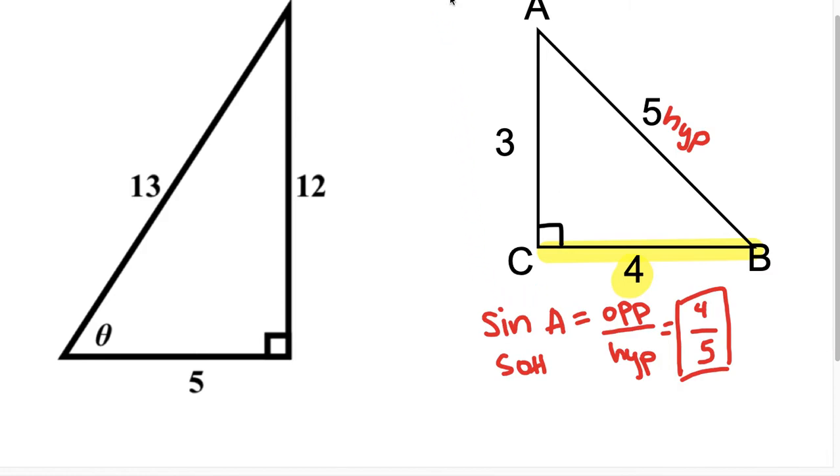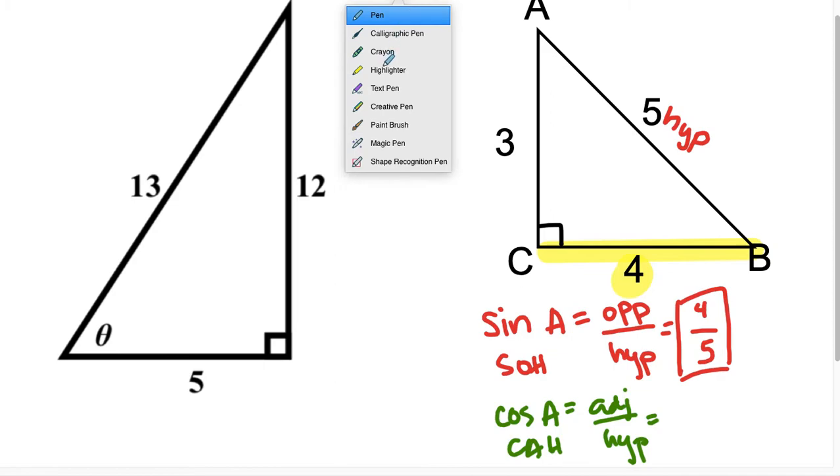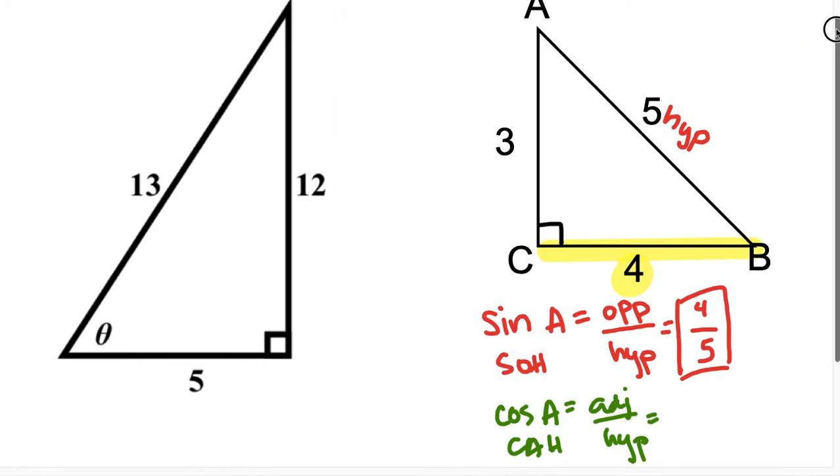Okay, so let's talk about cosine now. Cosine of A. Cosine is CAH, which is the adjacent side over the hypotenuse. The adjacent side, I'm going to highlight in green.